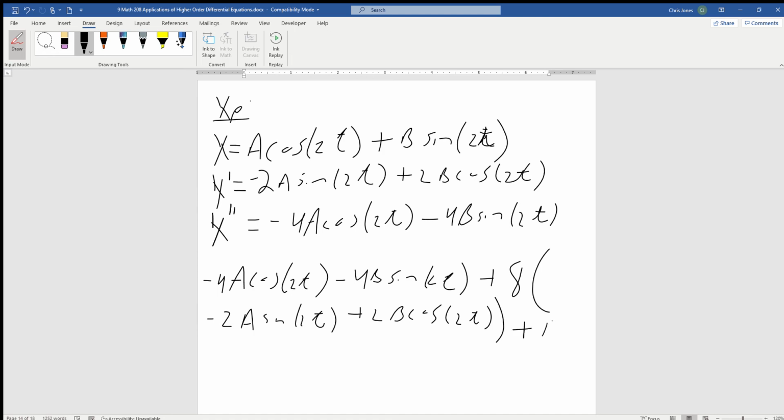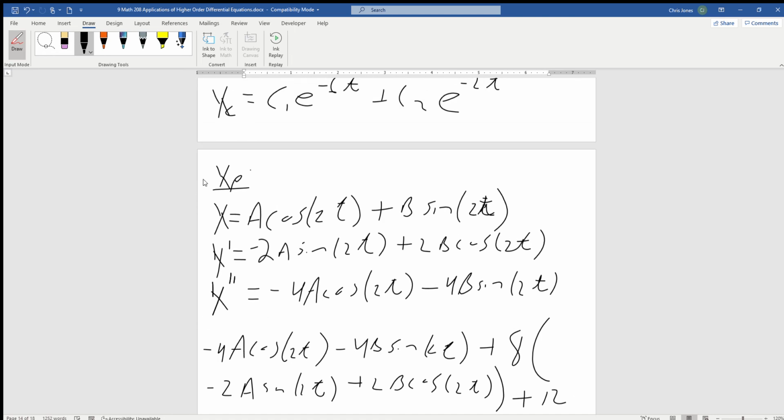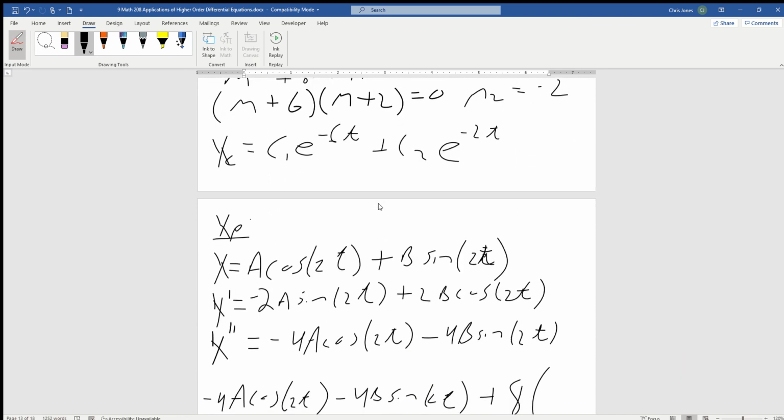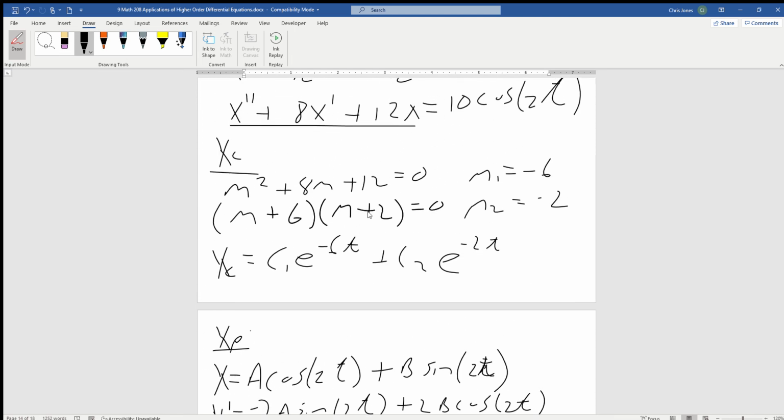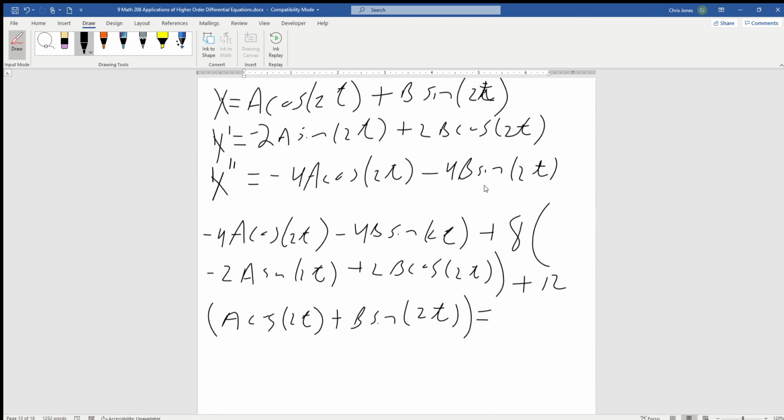And then I think we had 12 for x. Let me verify that. Yep. So 12 times (a cos 2t plus b sine 2t). And all of that, remember way back, was equal to 10 cos 2t.